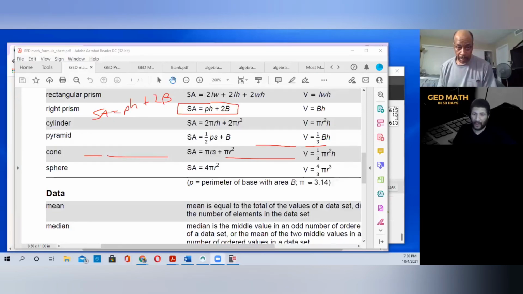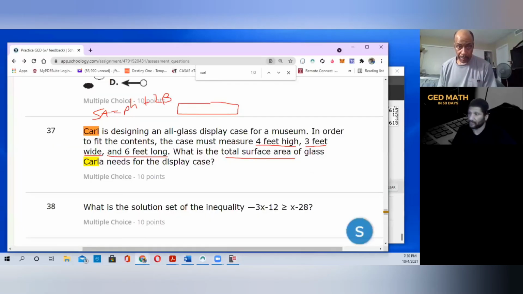So now we're gonna go back to that problem. And now it's easy. So that base, remember the height, so the base is 3 foot wide in length. So the base is 3 by 6. So the perimeter of the base, so we got 18. Matter of fact, let me write it down so you can follow right through.